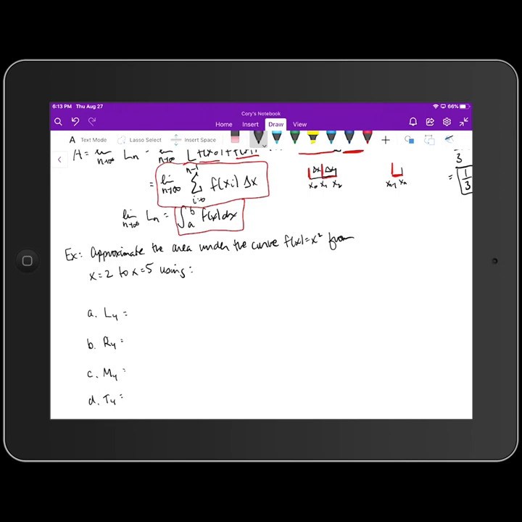So directions here say to approximate the area under the curve f of x is equal to x squared, from x is equal to 2 to x is equal to 5, using, in part A, a left Riemann sum with 4 subintervals, in part B, a right Riemann sum with 4 subintervals, for part C, a midpoint Riemann sum with 4 subintervals, and for part D, a trapezoidal approximation with 4 subintervals.